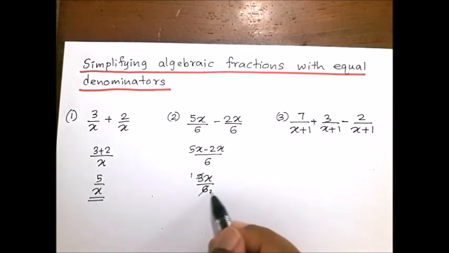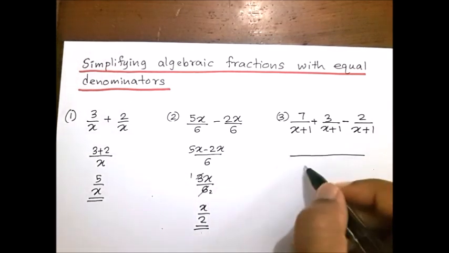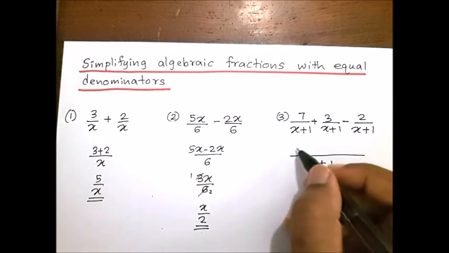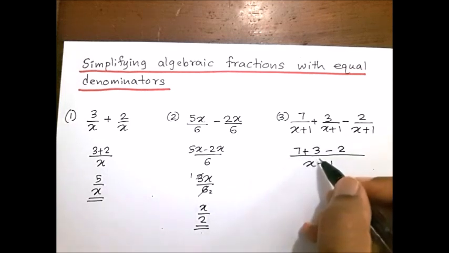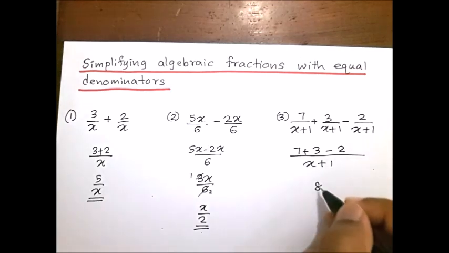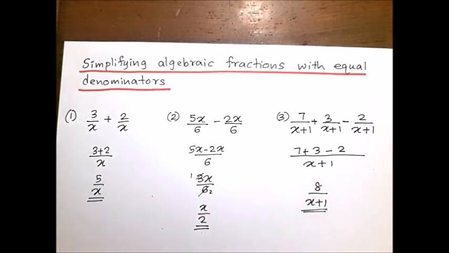Here 1 and here 2. Answer is x over 2. Then here the common denominator is x plus 1. You can simplify numerators: 7 plus 3 minus 2. 7 plus 3, 10. 10 minus 2, 8. Answer is 8 over x plus 1. You have learned this type of example in grade 9 also.